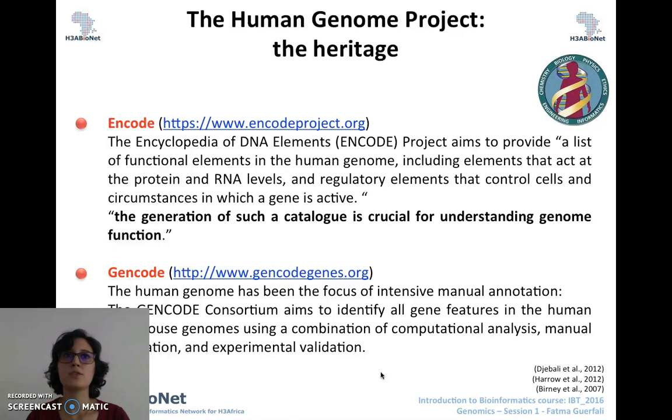ENCODE aimed at generating a catalog of biologically informative representation of the human genome by using high-throughput methods and cataloging all the functional and non-coding elements. And GENCODE was to focus on the manual annotation and characterization of the gene features.